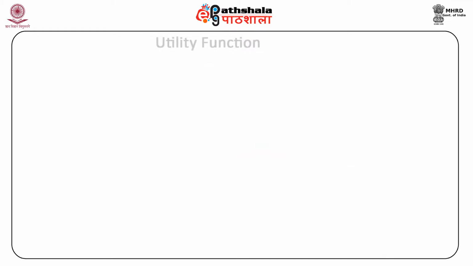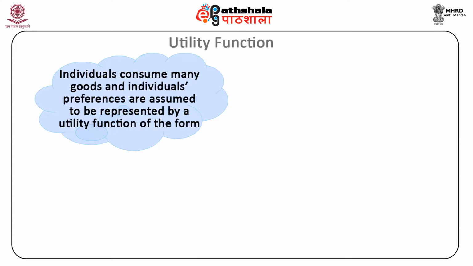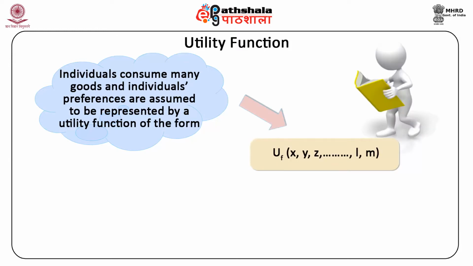In general, individuals consume many goods and individuals' preferences are assumed to be represented by a utility function of the form UF, a function of x, y, z, etc., till n, where x, y, z, etc. are the quantities of each of n goods that might be consumed in a period.